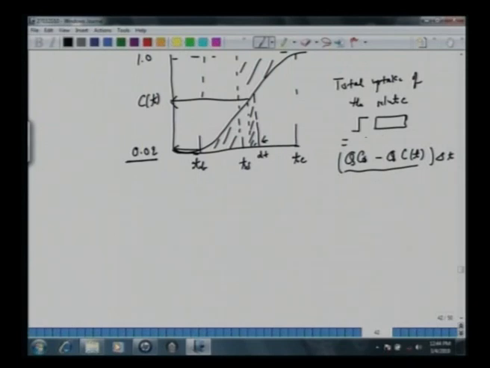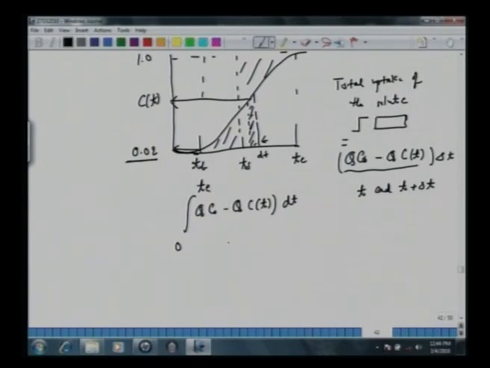Alright, so what happens to this area? This area is the amount adsorbed between T and T plus dt, in minus out. That difference will give us how much has been adsorbed between T and T plus del T. If we integrate this, the total amount adsorbed would be Q C0 minus Q Ct, dt, from 0 to this Te.